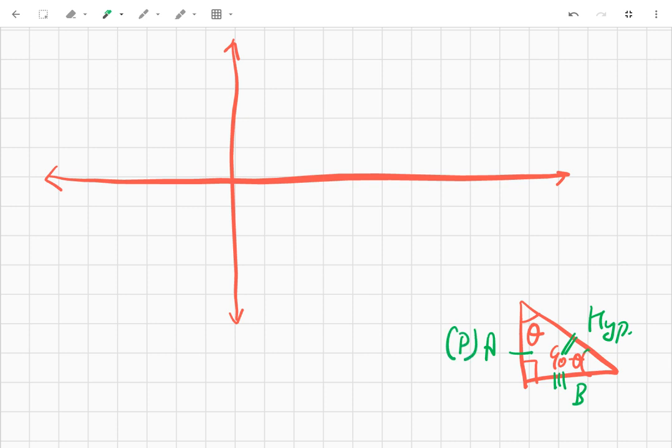Now this will be the base if you're talking about this angle. Let me name this triangle ABC and this is base B. If you're taking angle C, then BC is the base, and if you're taking angle A, then AB is the base. I hope you already know this. Let's dive straight into the trigonometry.